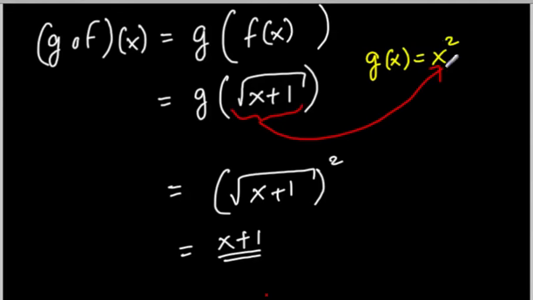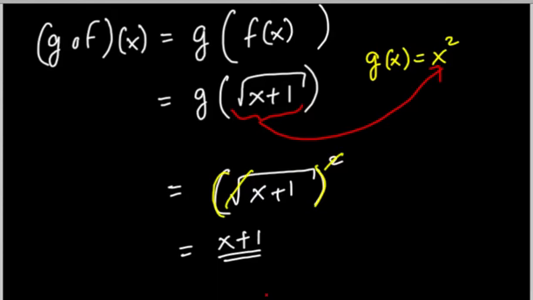So I'm going to replace x with the square root of x plus 1. I did that over here. This, in effect, is like that x, that whole thing, and I'm replacing it with the square root of x plus 1. And since I'm squaring that, the square and the square root both cancel out. All right, and what I'm left with is x plus 1.